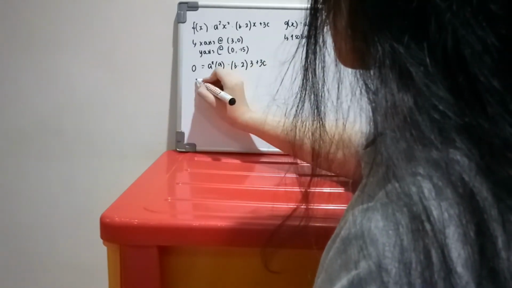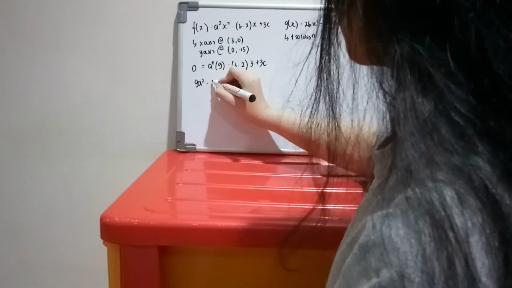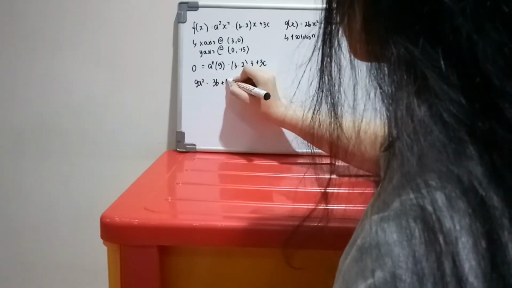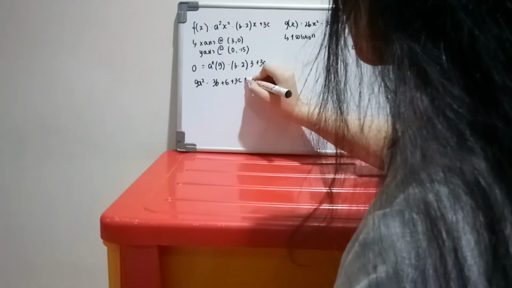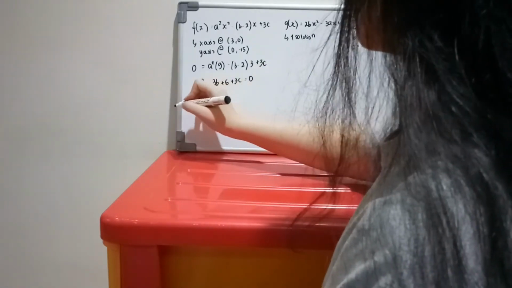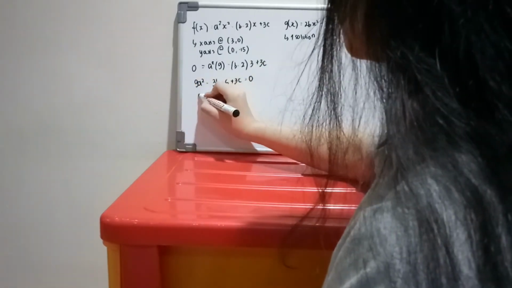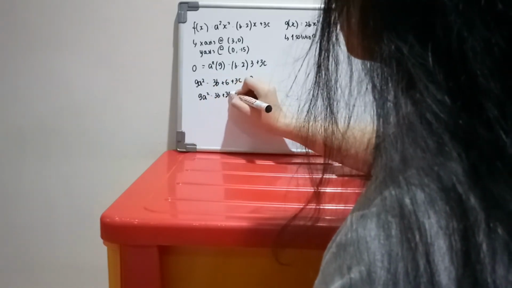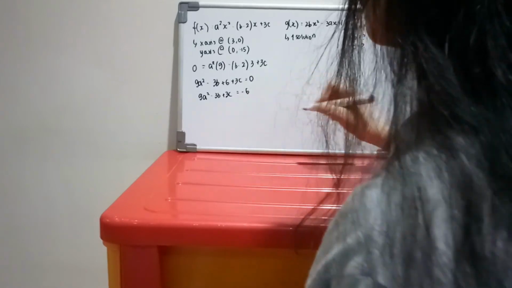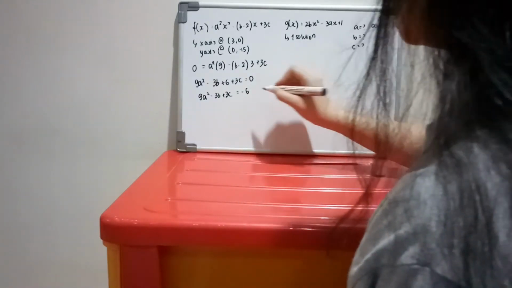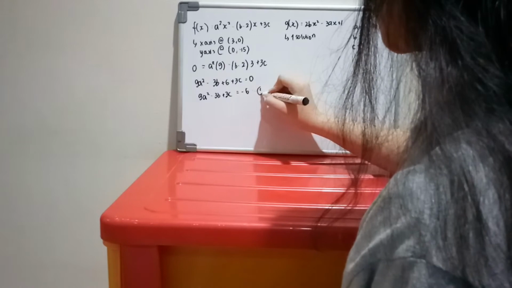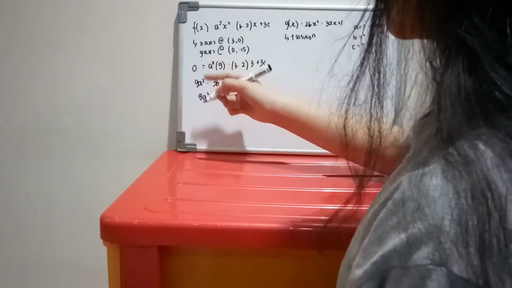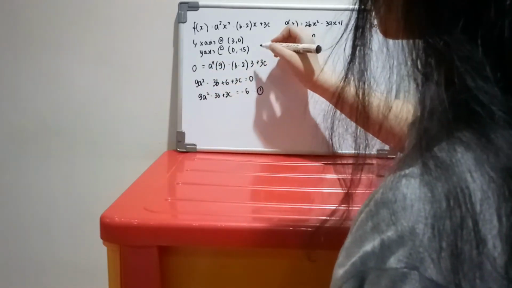Evaluating this side, we have 9a² minus 3b plus 6 plus 3c equals 0. We can move 6 to the other side: 9a² minus 3b plus 3c equals -6. We can call this our first equation.